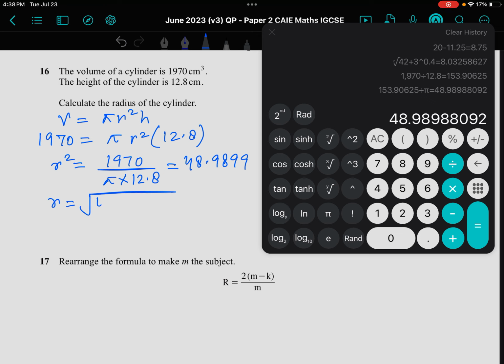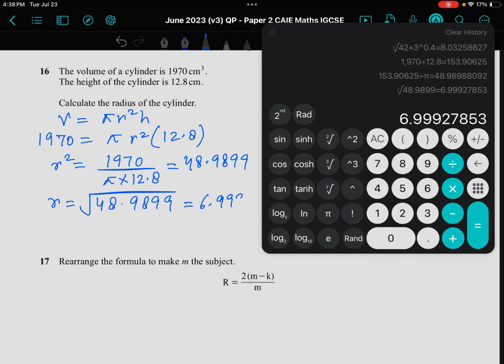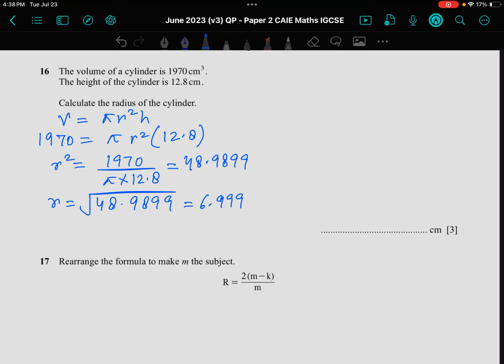Square root of this thing, 48.9899. So now square root of 48.9899 gives me 6.999. The value of the radius can be written as around 7 centimeter.